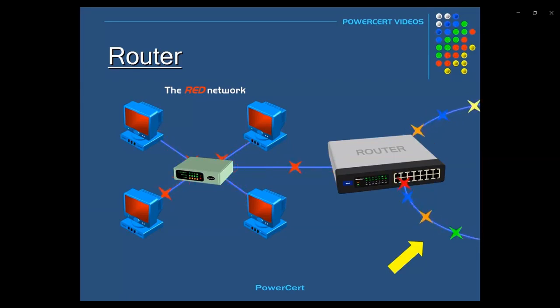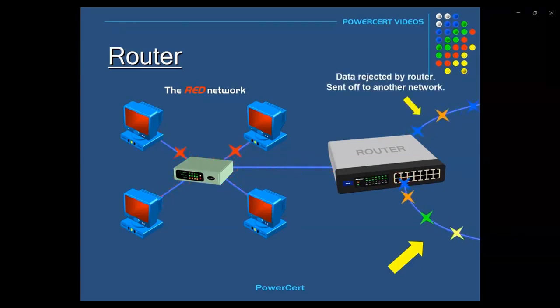The router is only going to accept the red data packets because they are the only ones intended for this network. All the other data packets, the yellows, blues, greens, etc., will be rejected because their IP addresses were not meant for this network.